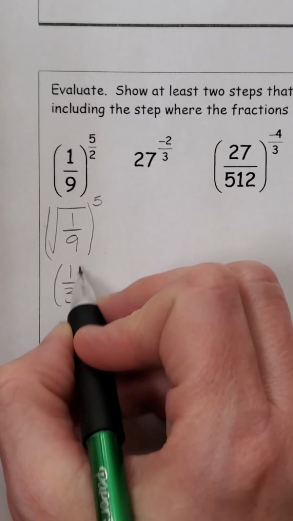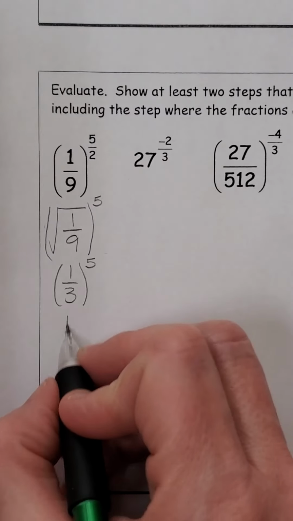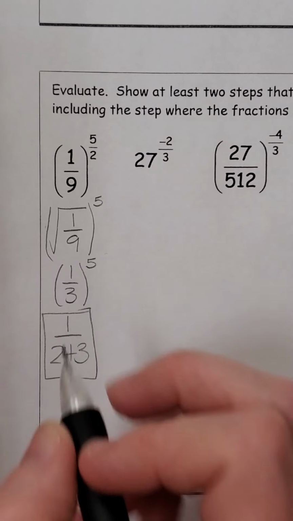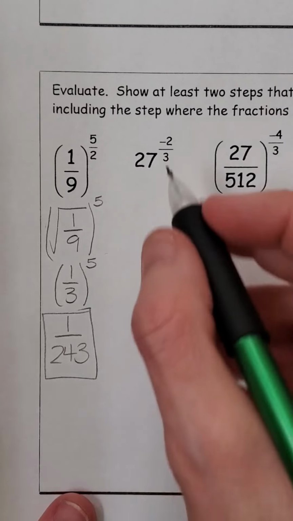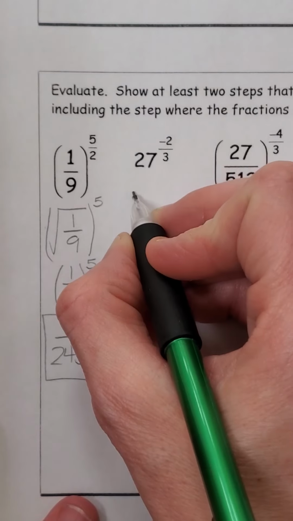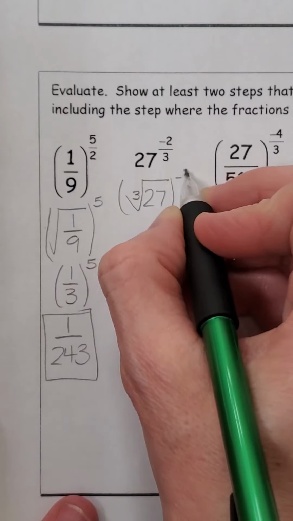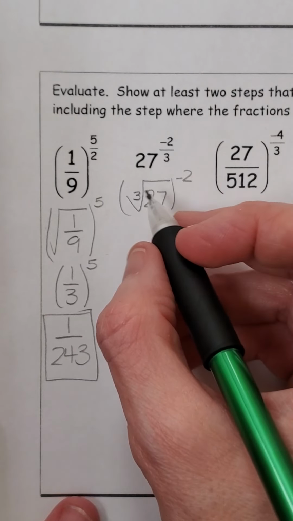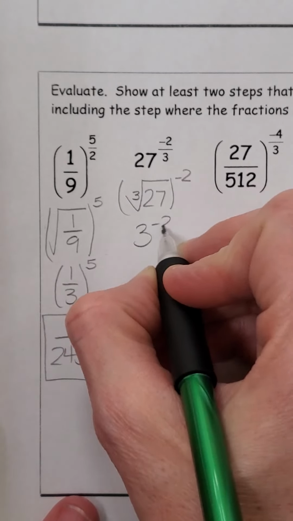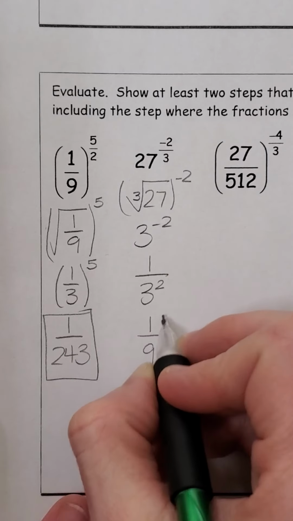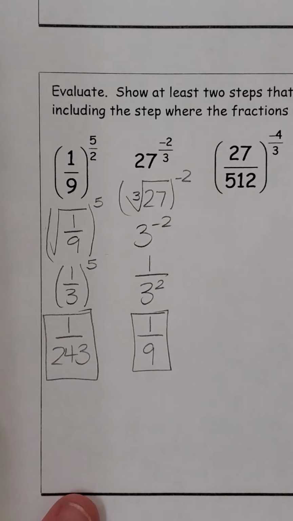So 1 over 3 to the power of 5, 1 over 243. So this one, we'll take the cube root first, okay, but that only deals with that. Remember, we have to keep it to the power of -2. So 3 to the power of -2 is 1 over 3 squared is 1 over 9.